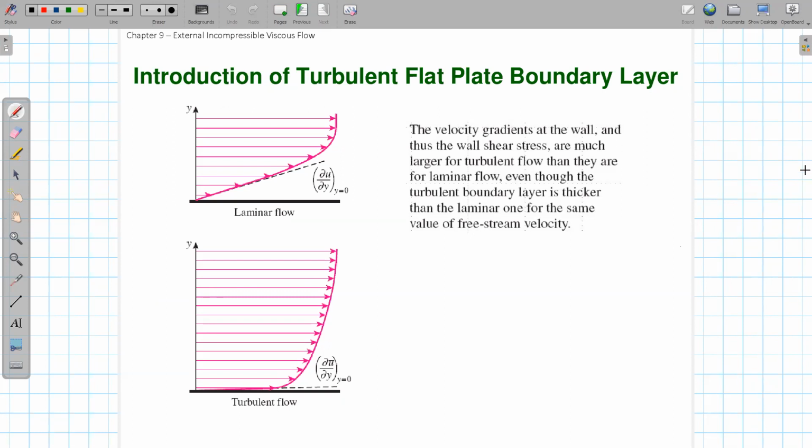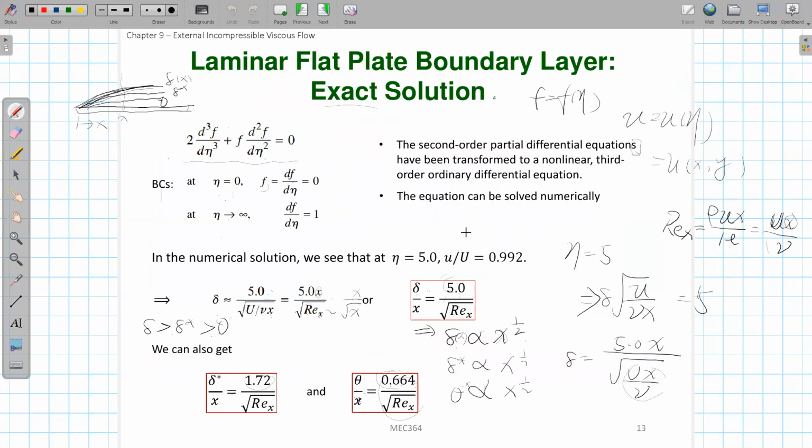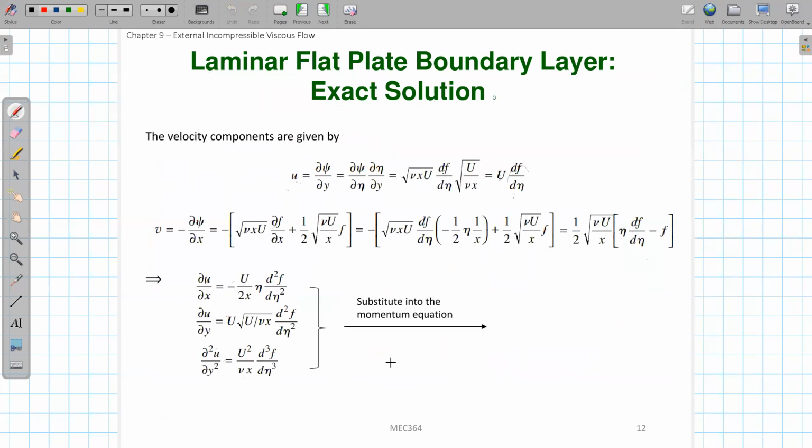The first thing I want you to know is that the delta of turbulent flow will be larger than delta of laminar flow. So after the flow becomes turbulent, with a similar Reynolds number, if you still use the equations here to calculate the boundary layer thickness for the turbulent boundary layer, the value you calculate will underestimate the turbulent boundary layer thickness.